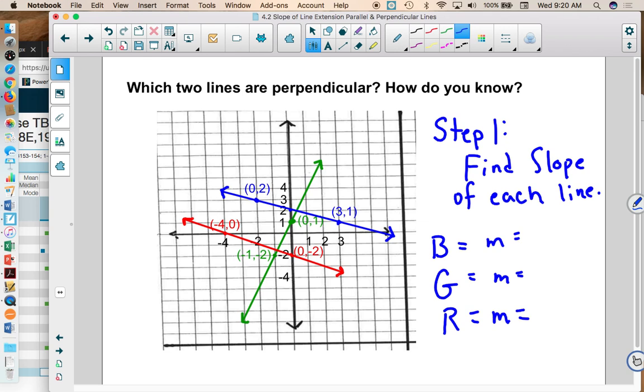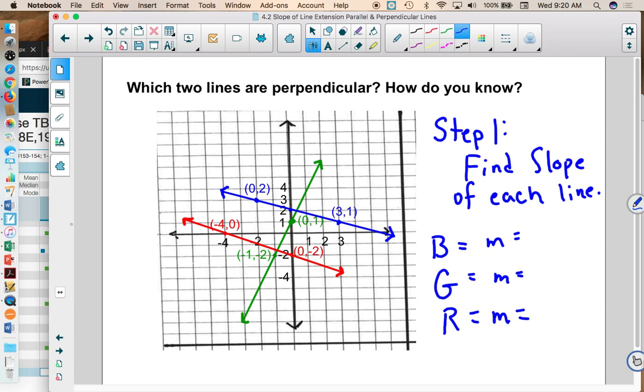Good. So that's fine, green. Oh yeah, you do. That's a -1, because 0 minus 1 is a -1, right?